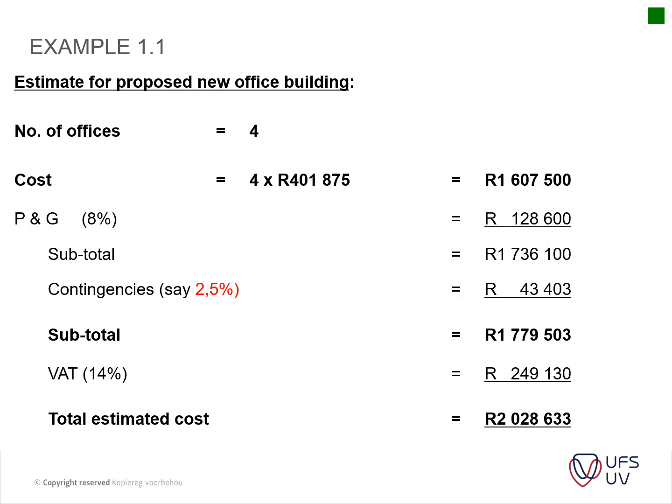Then the estimate for the new building: all that you do is take the offices of your new building. We've got 4 new offices in our new building. So we take our number of offices times our unit rate, to get our new estimated cost before P's and G's and VAT.